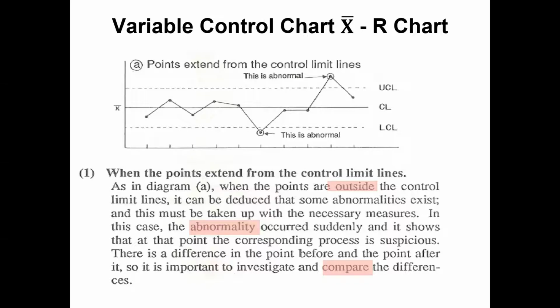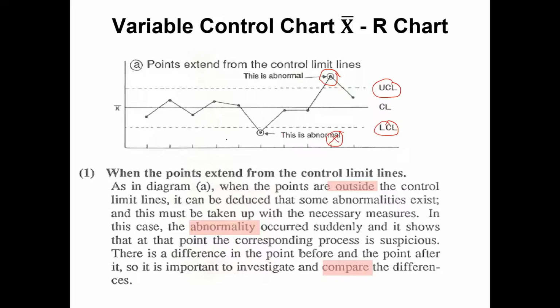Rule number 1 is Shewhart saying that if there's any point that goes beyond the upper control limit or lower control limit, it could be over the upper control limit, it can be beyond the lower control limit, then that's an indication that you have a problem in the process. Quite straightforward.